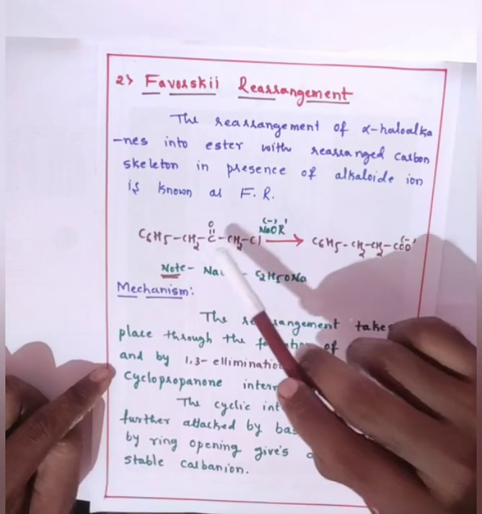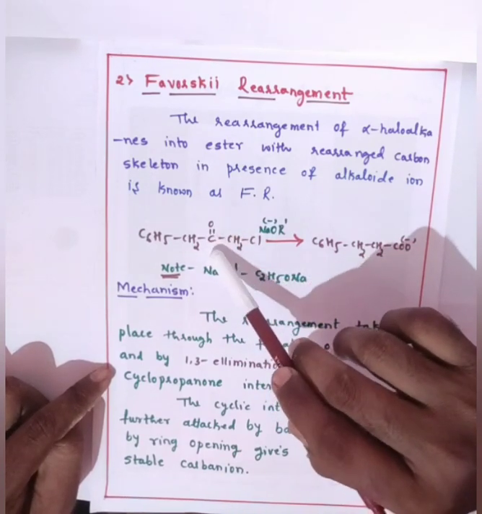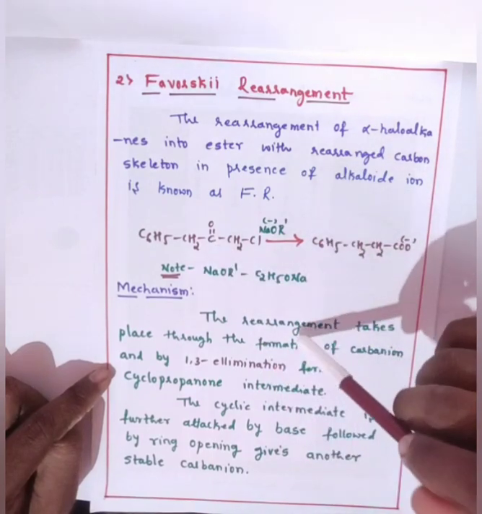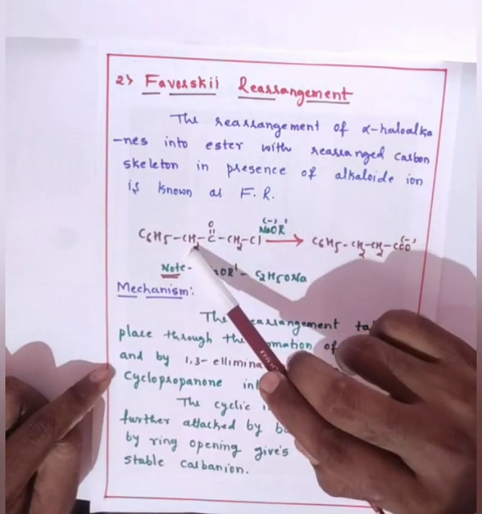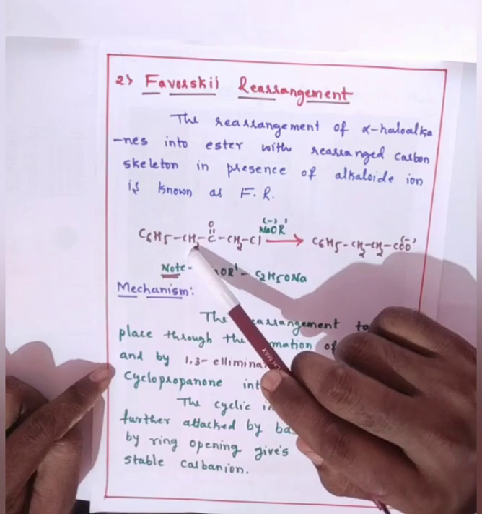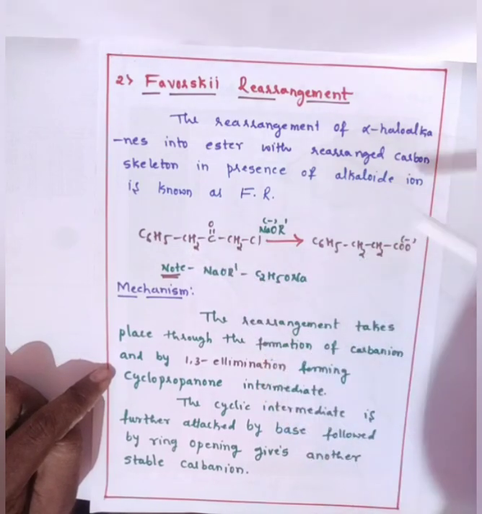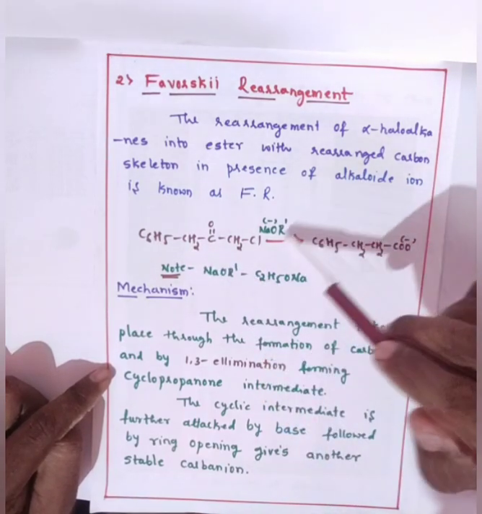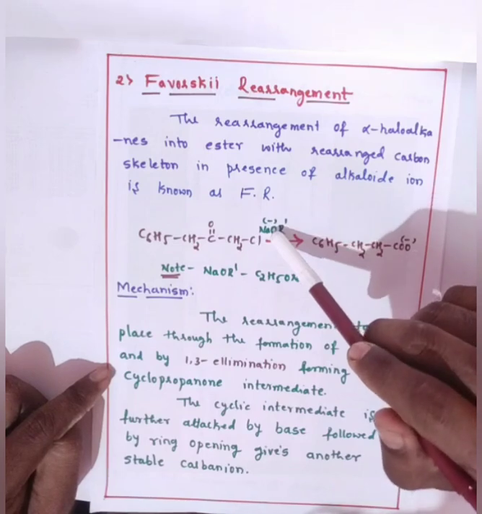So the Favorskii rearrangement is the conversion of alpha haloketones into esters in the presence of sodium ethoxide.